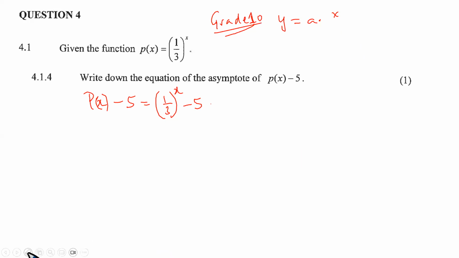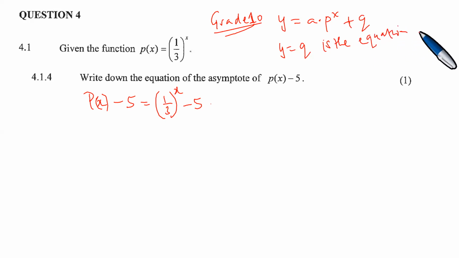Normally you're given y equals a times p to the power x plus q. So y equals q is the equation of the asymptote.